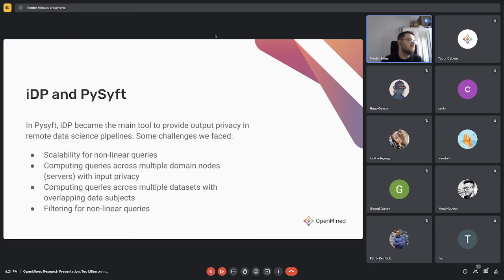Then computing queries across multiple datasets with overlapping data subjects. The main point is that if we have individuals whose data takes part in a function from multiple different sources, then we have to keep that in mind when computing the parameters, because otherwise we would count the same data subject as different data subjects.